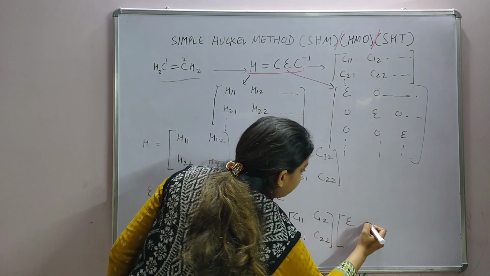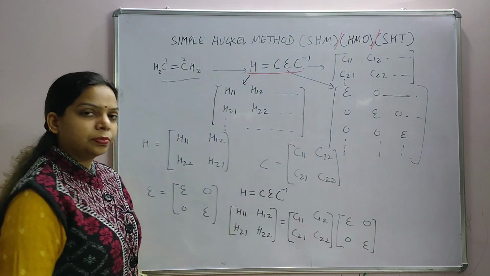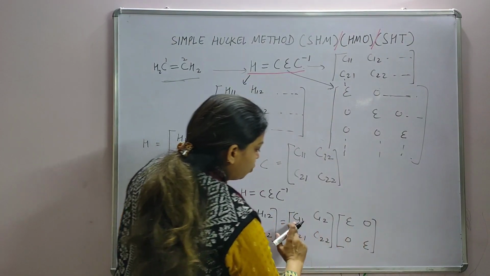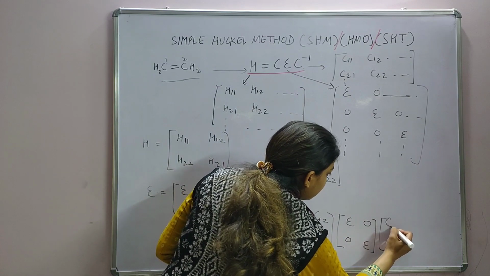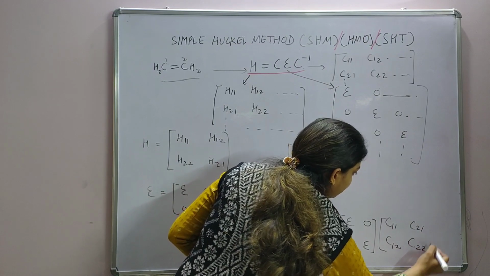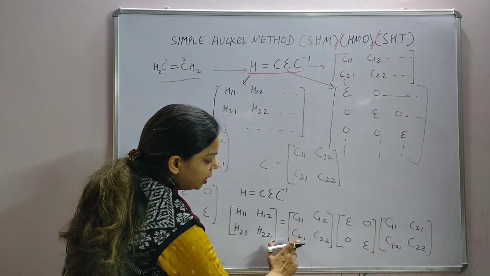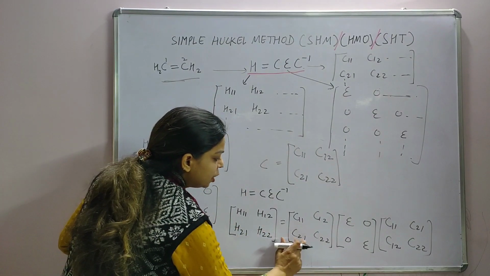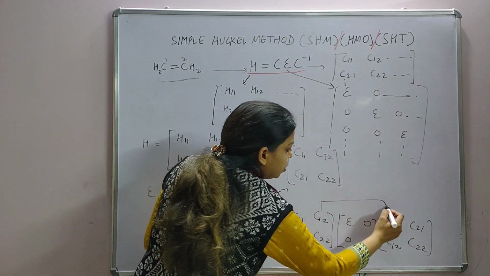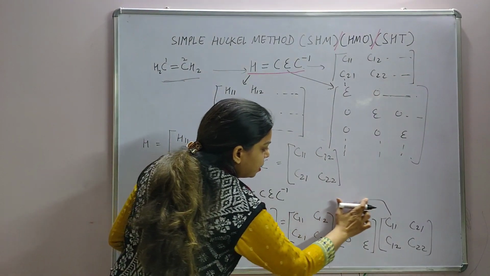Energy will be E, 0, 0, E. And C inverse will be, rows converted to columns, C11, C12, C21 and C22. Because the atoms are equivalent, C12 and C21 will be equal. So these two matrices will be almost the same, but anyway I have written these elements separately over here.